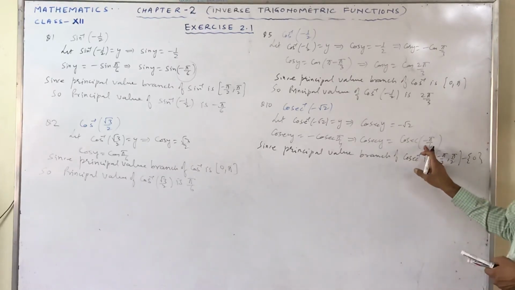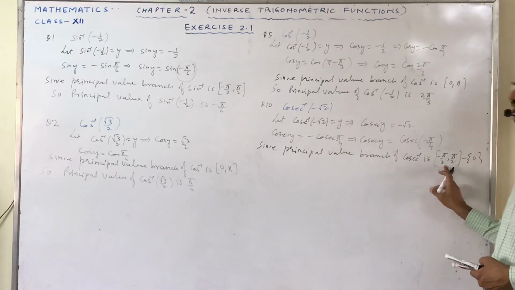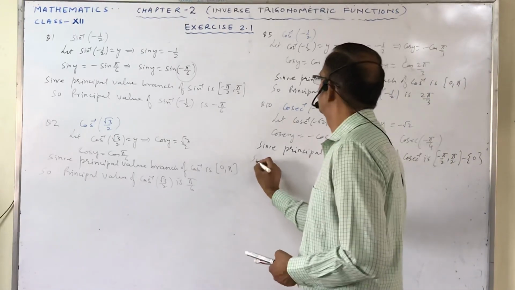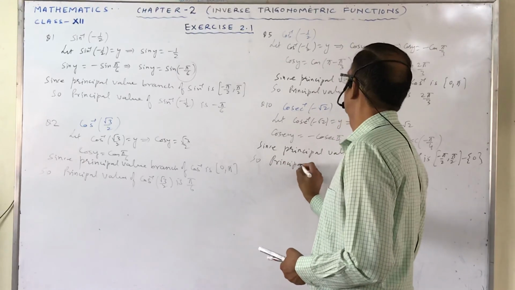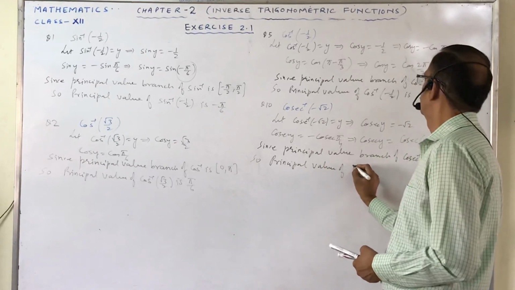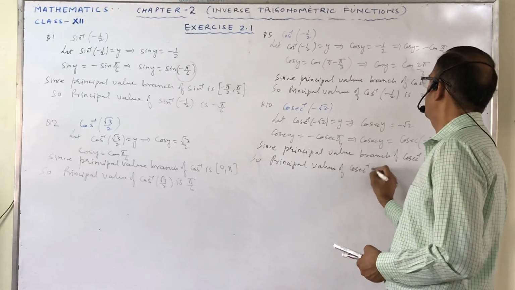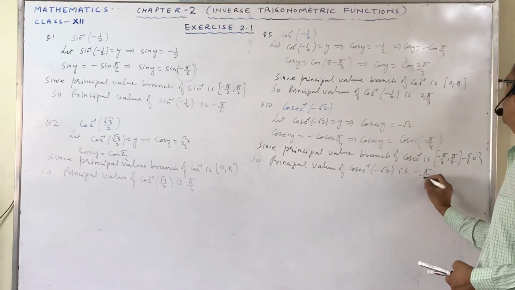So this value is not 0, and this lies in the principal value branch. So we can say that the principal value of cosec inverse minus root 2 is minus pi by 4.